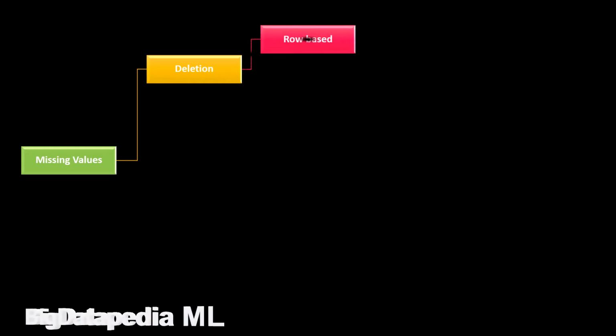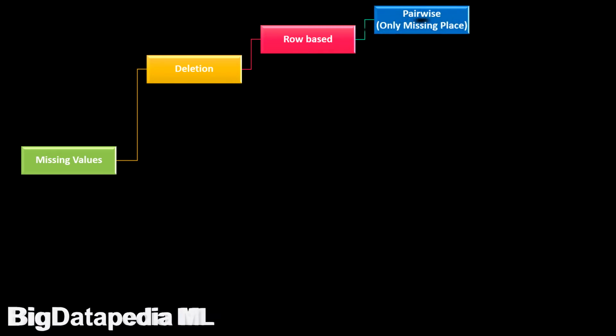In missing values, we can follow a step with deletion, and what kind of criteria we can use to delete the entire record or a particular record, that is what we are going to discuss now. First is row-based data deletion. In this method, we can follow something called pairwise deletion, which means only the missing places we can delete, based on the correlations with other features. How can we identify this pairwise deletion?